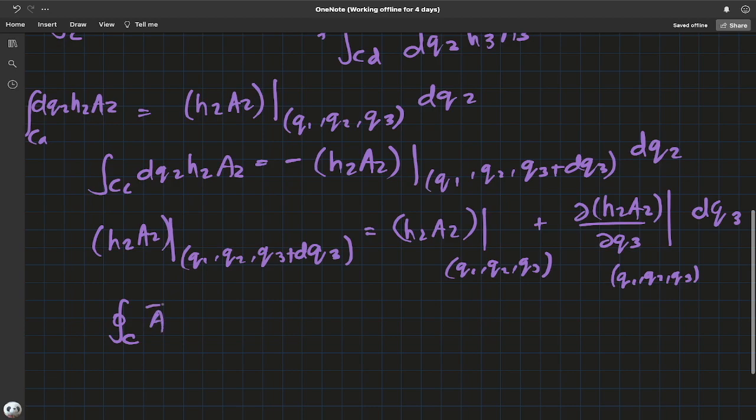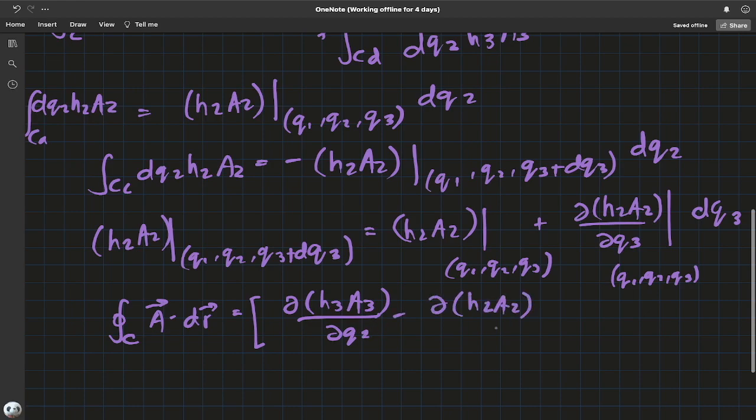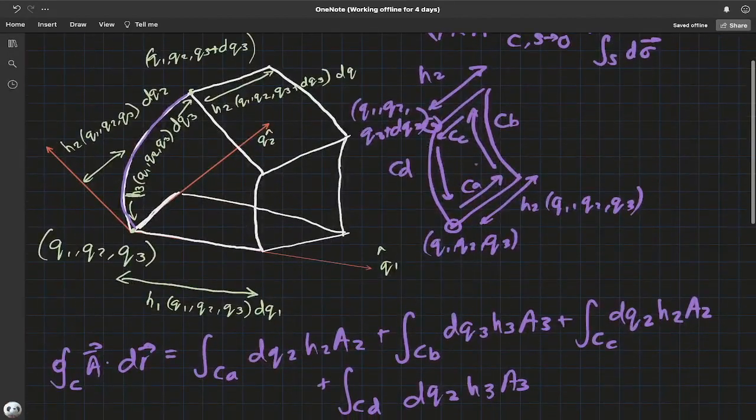You notice the closed loop integral A dot dr is just going to be partial h3 a3 with respect to q2 minus partial h2 a2 with respect to q3, dq2 dq3. This was just for a loop in, I believe, the q2 q3 plane.